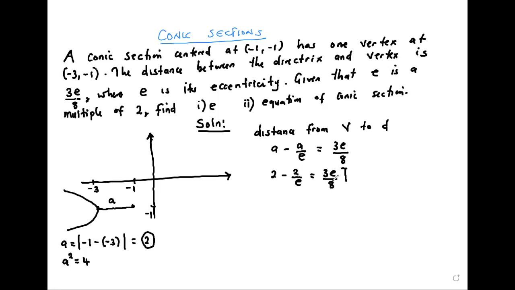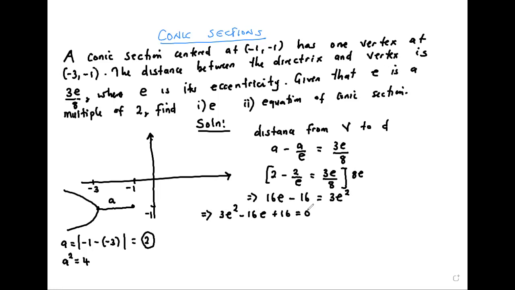3e/8. If we multiply throughout by 8e, we'll have 16e minus 16 is equal to 3e squared. So when we arrange this, it's going to be 3e squared minus 16e plus 16 is equal to 0. This is a quadratic. The product is 3 by 16, that is 48.